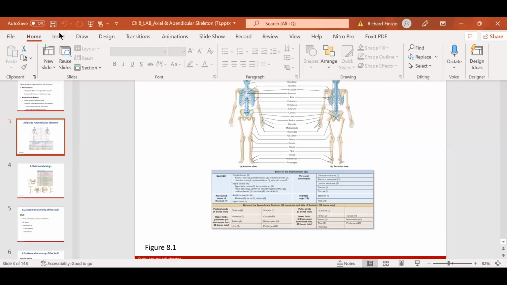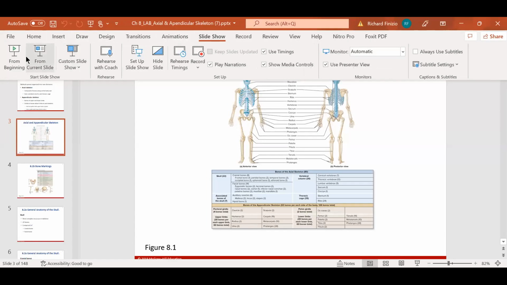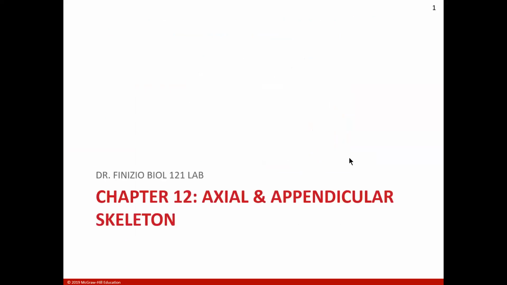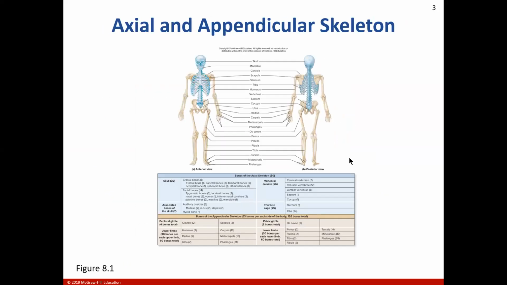Cool. Okay, so this is one PowerPoint I have installed in both the labs for this week and next week, so you could use them both just to go through. They're both axial and appendicular, but today we're going to key more on the axial.